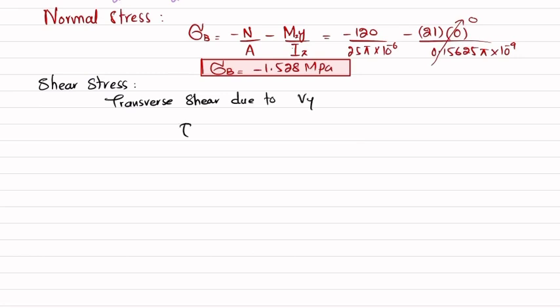That transverse shear, tau of xy vertical at point B, will be equal to Vy into QB divided by Iz into t. So what is QB? QB is equal to y dash bar into A dash.